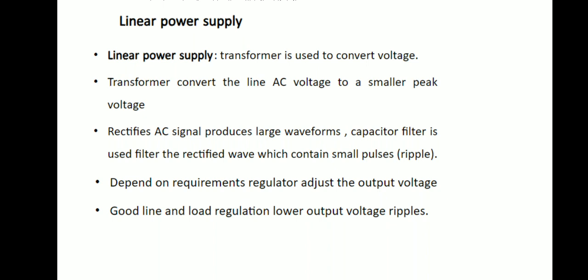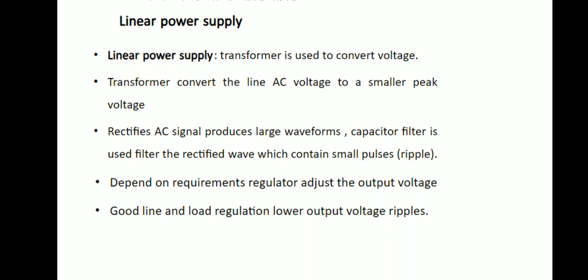The rectifier converts the AC signal and produces a large waveform. The capacitor filter is used to filter the rectified wave, which contains small pulses, ripples, depending on requirements. The regulator must adjust the output voltage.